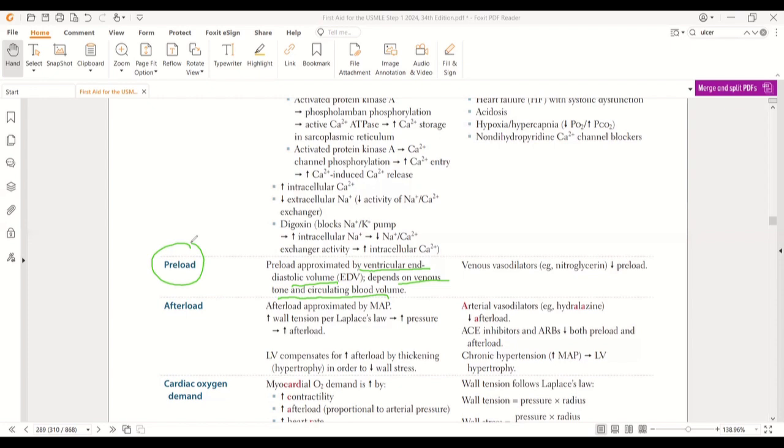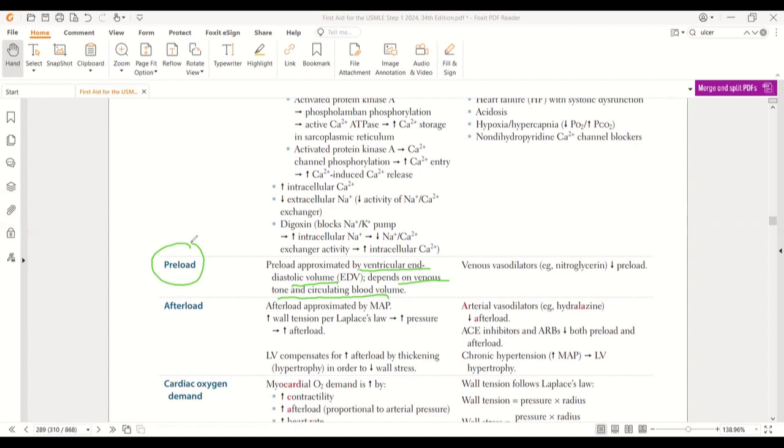So what happens when you activate the sympathetic system? What happens to the preload in sympathetic activation? Preload is supposed to increase, from the venoconstriction. In sympathetic activation, venoconstriction takes place through the alpha 1 receptor.